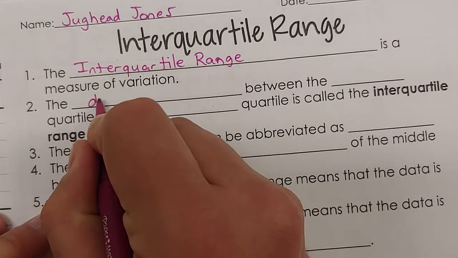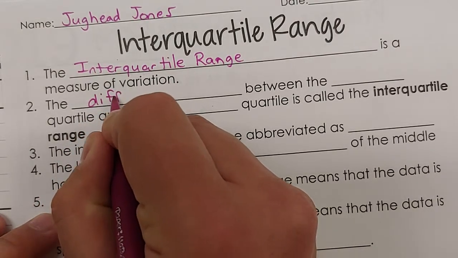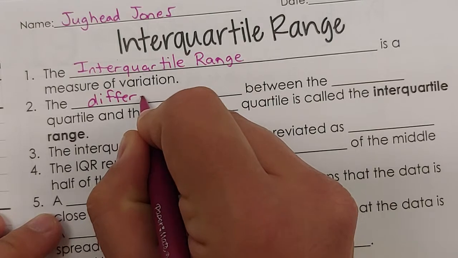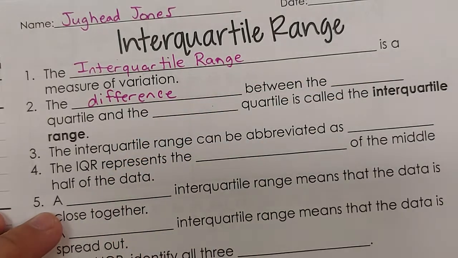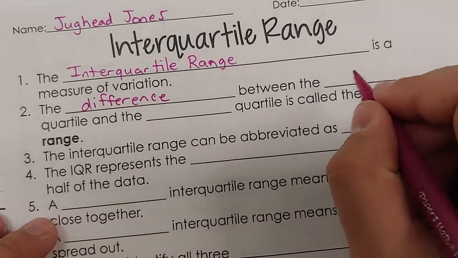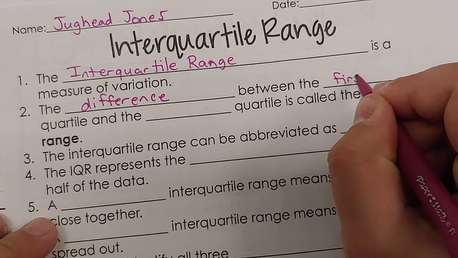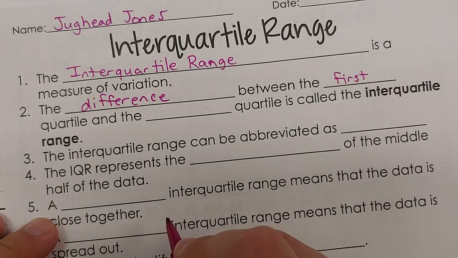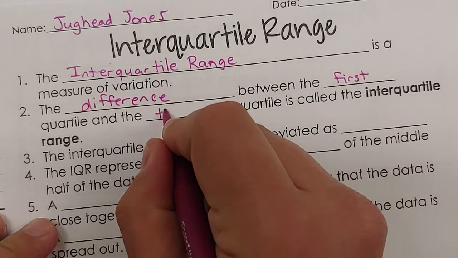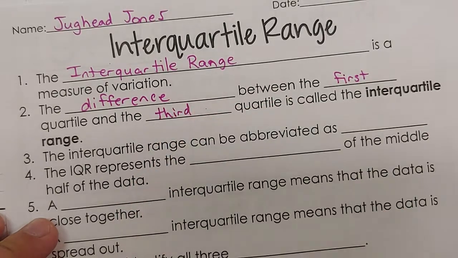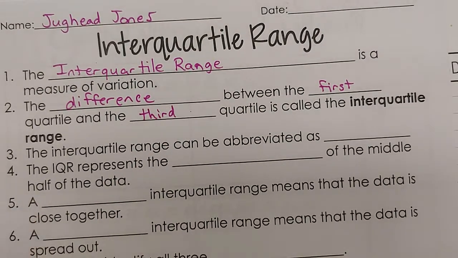The difference between the first quartile and the third quartile is called interquartile range. Difference, as y'all remember, is just subtraction.